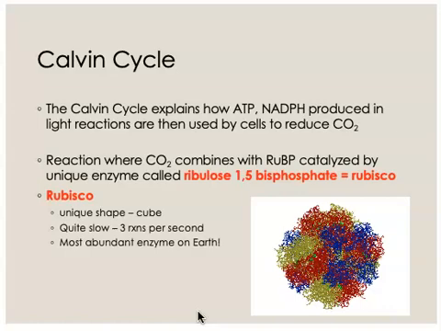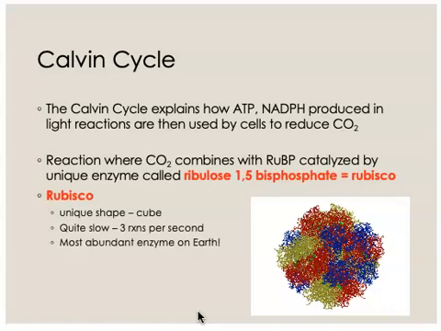Very unusual. The other interesting thing about Rubisco is, compared to other enzymes, Rubisco is amazingly slow at catalyzing this reaction. It can only perform about 3 reactions per second. Now, I know that sounds fast, but remember, during things like DNA replication, enzymes are capable of, particularly the DNA polymerase enzyme, capable of adding 100 or so bases per second to the growing DNA strand.